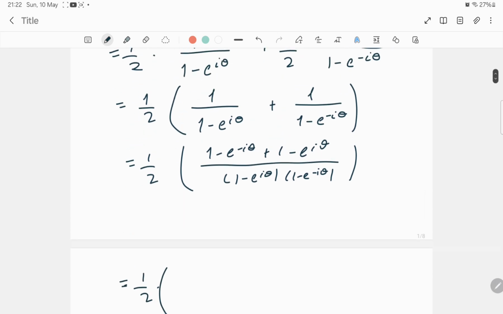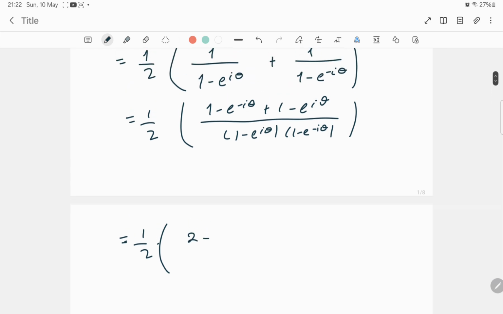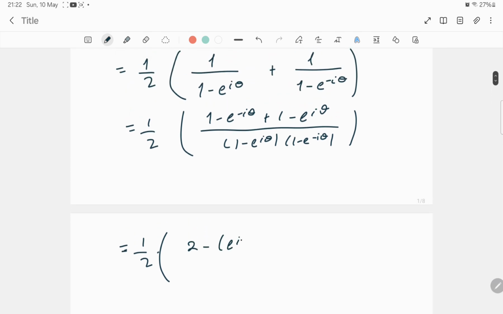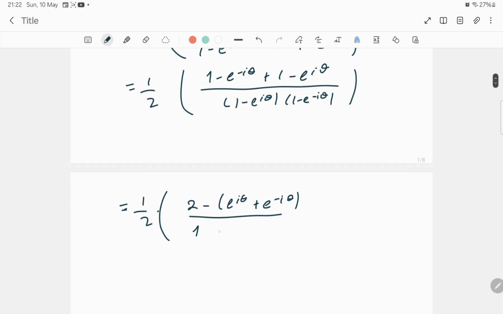The numerator is going to be 2 minus e to the power of i theta plus e to the power of minus i theta. The denominator is going to be 1 minus e to the power of minus i theta minus e to the power of i theta plus 1.